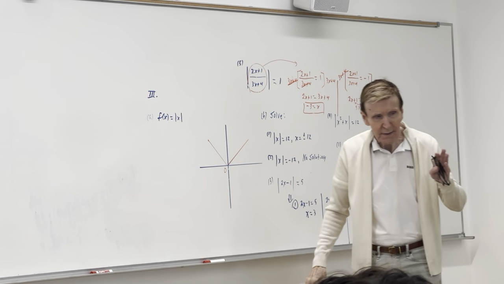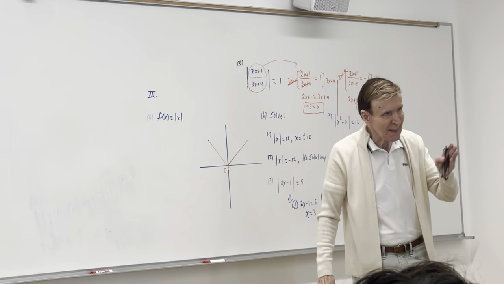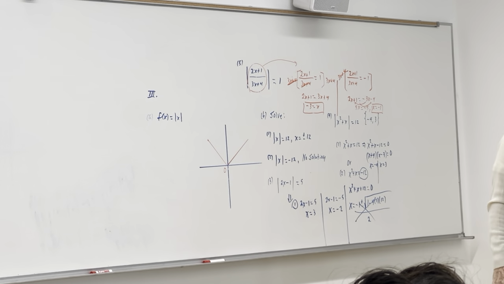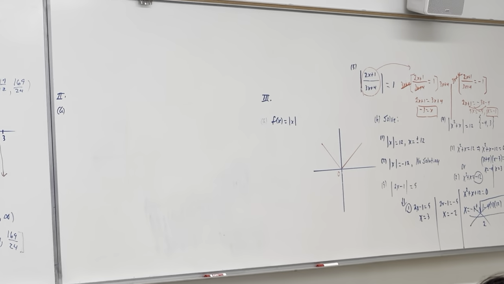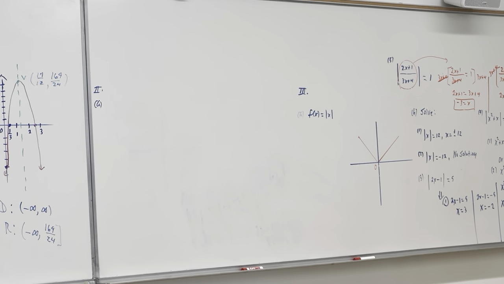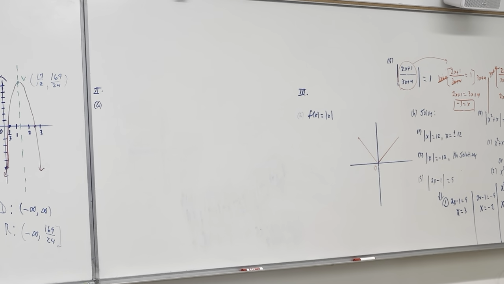If you were doing this class in a regular 16-week spring semester, they would not be doing this until maybe the fourth week. Now we're doing it in the second week of this fast course.